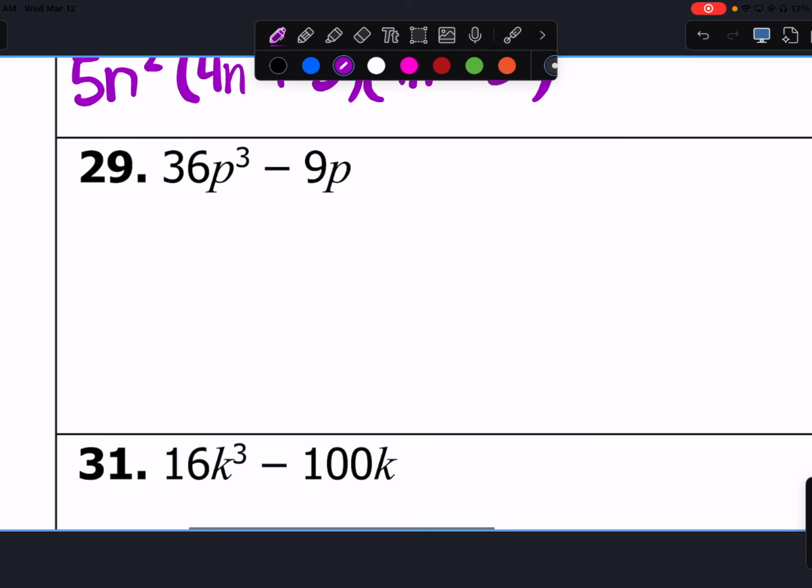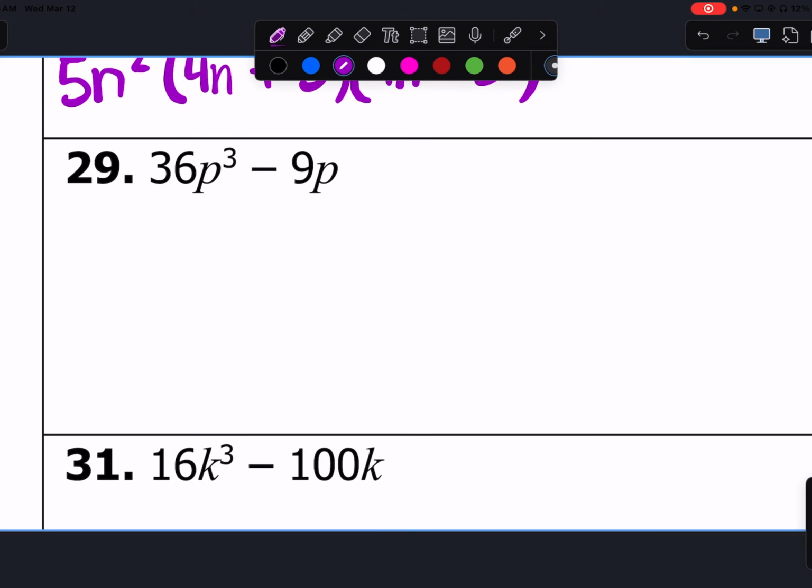For 29, what's my GCF? 3p? Or could I take out 9? Can I take a whole 9 out? Oh, yeah. So I'll do 9p, which is going to leave me with, Madeline, what did you say? 4.